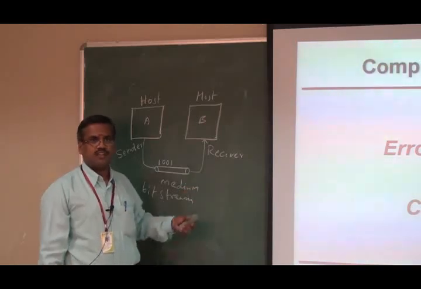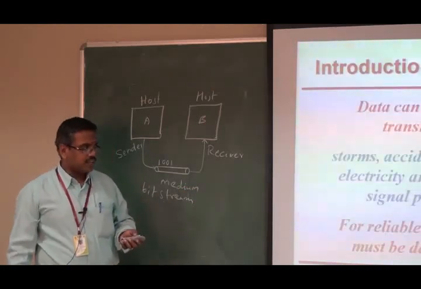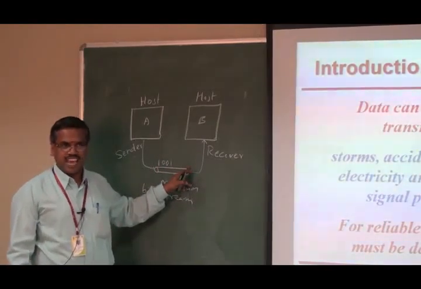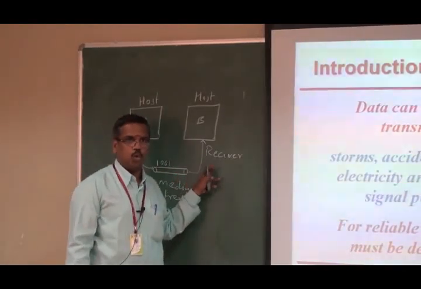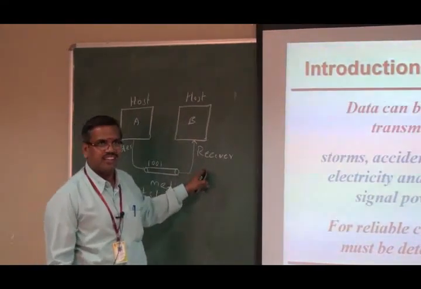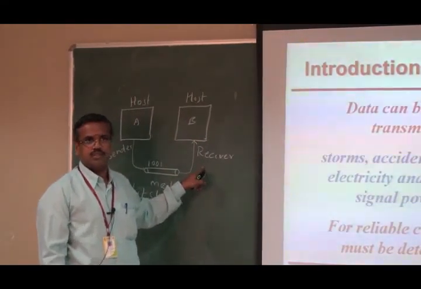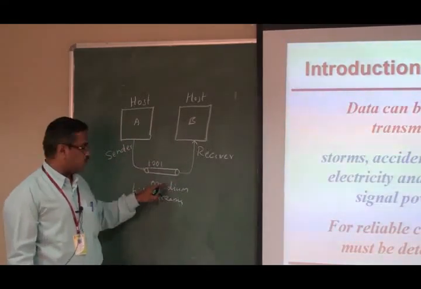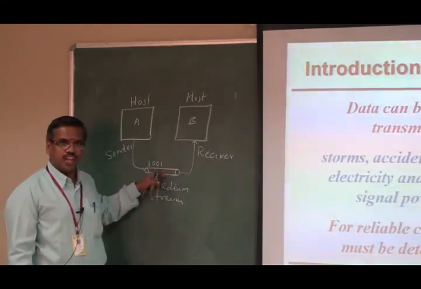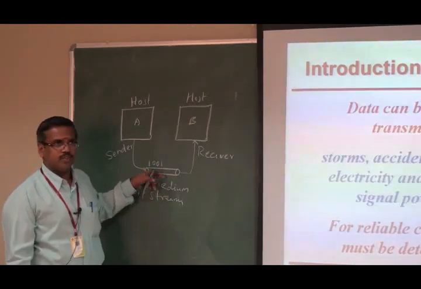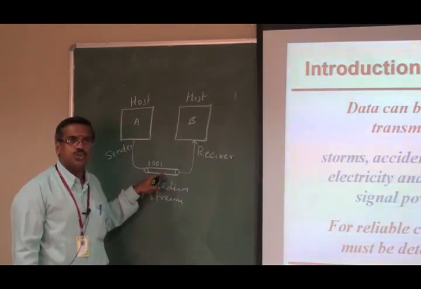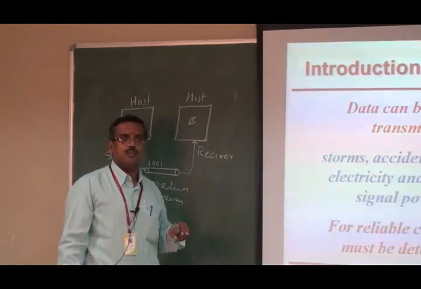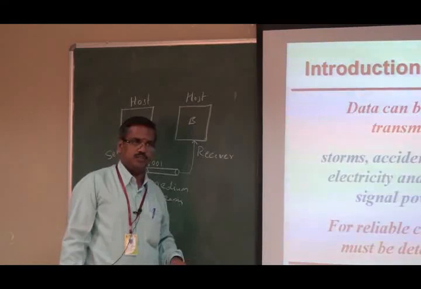The reason is that when it carries the signal, the medium or cables can be affected or interfered with by other electrical signals. Suppose there are other cables along with this medium, then signal interference may occur, and also due to other environmental factors and technical issues, the message can be disturbed.